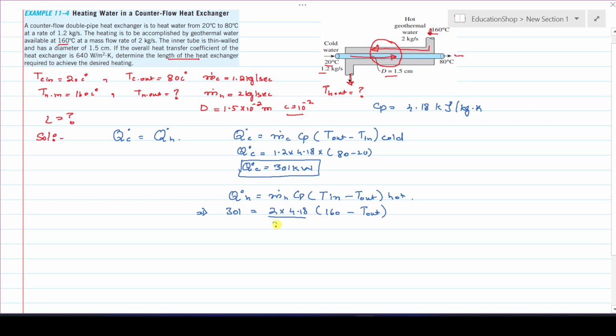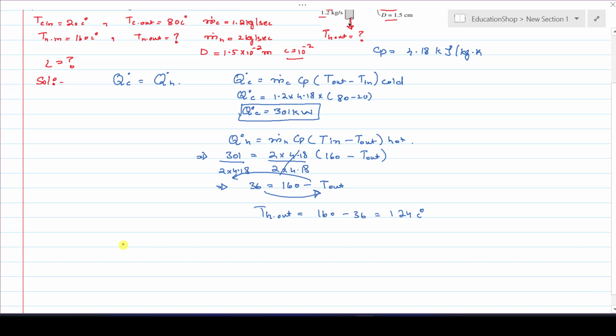Divide both sides by 2 times 4.18. Solving this on the calculator gives 36, which is equal to 160 minus T out of the hot fluid. So T out of the hot fluid is equal to 160 minus 36, and it will give you 124 centigrade.